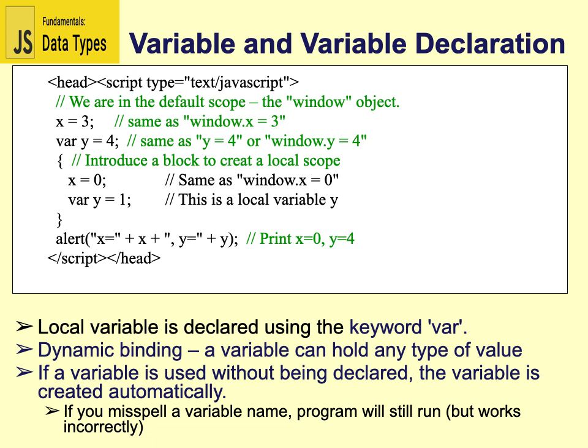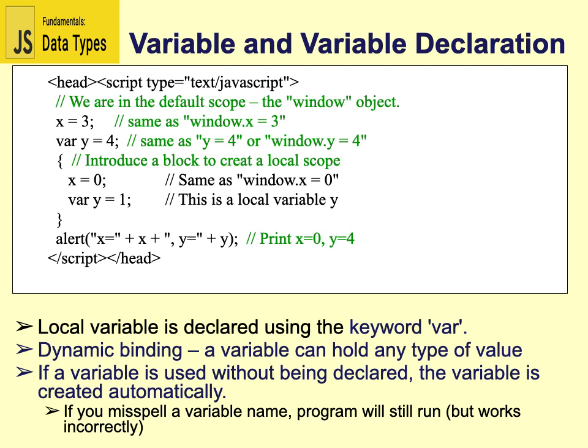Suppose we use var before a variable when it is declared, then that variable becomes local to that particular block. Here in the anonymous block, x is equal to 0 redefines the x value. Previously it was 3, now it becomes 0. So the redefinition works globally because we haven't specified the var keyword before x when it is declared.